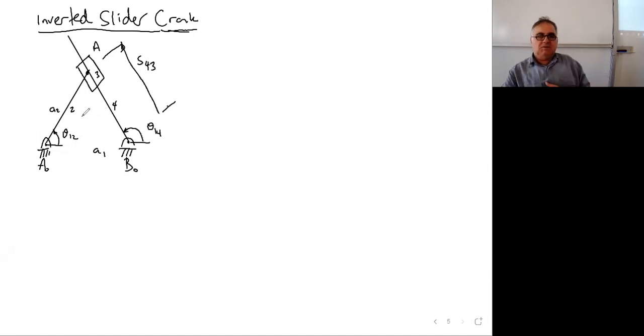This is an interesting mechanism, especially in terms of the velocity and acceleration analysis, because as we will see, we will get strange terms like the Coriolis term. Anyway, let me draw the geometry of this thing first.